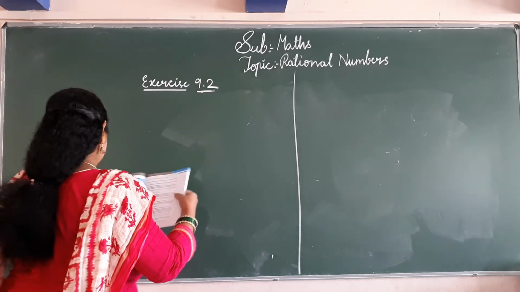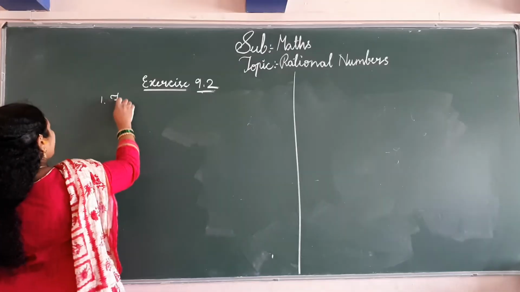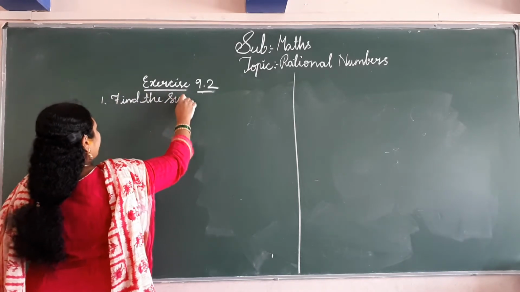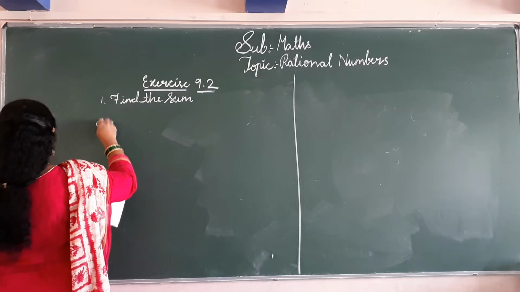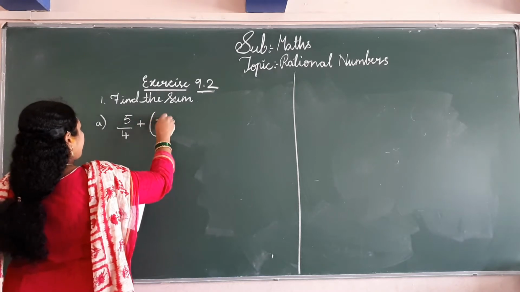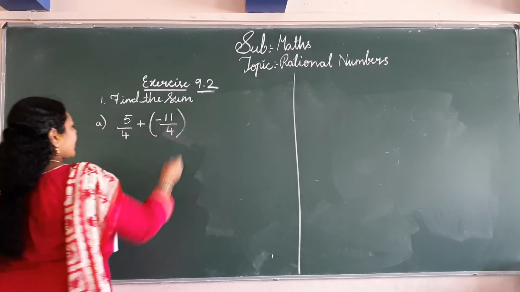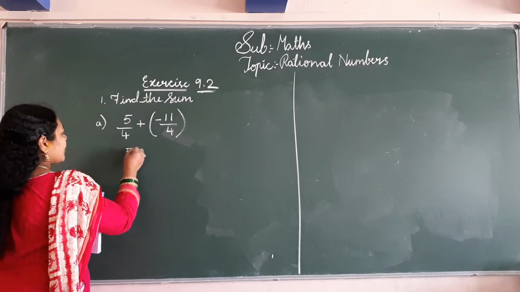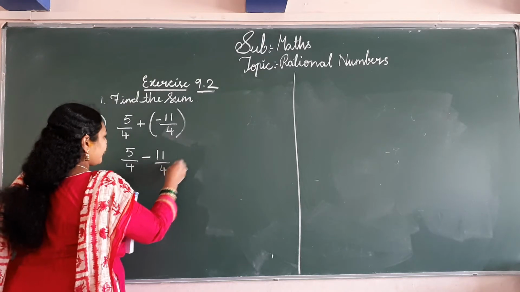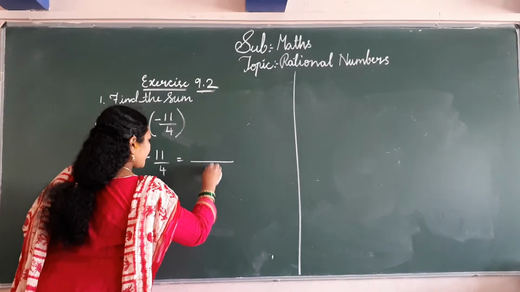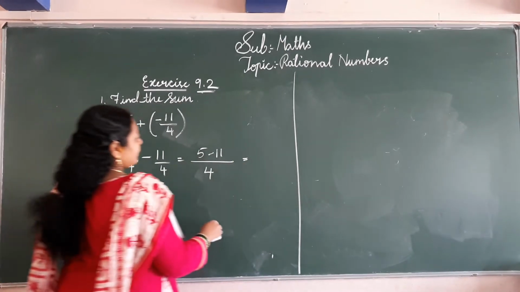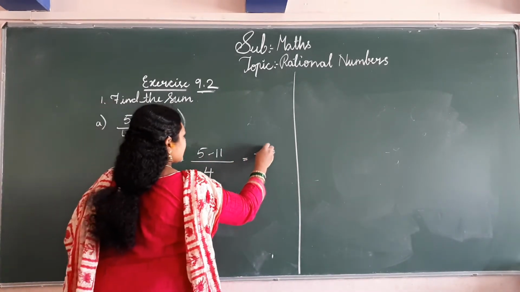Stay in your textbook, exercise 9.2. First one is, find the sum. Okay. A1: 5 by 4 plus minus 11 by 4. So here 5 by 4 plus minus 11 by 4, which is equal to... 11 minus 5 is 6.